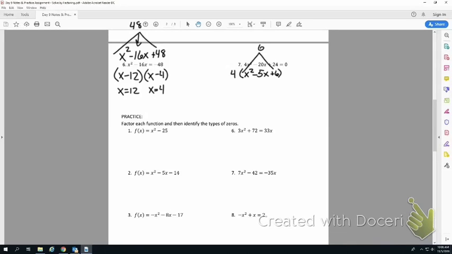Okay, so you're going to have 1 times 6, which is 6. What factors of 6 add up to negative 5? Negative 3 and negative 2. And so what are my two answers here? What is it, Gavin?